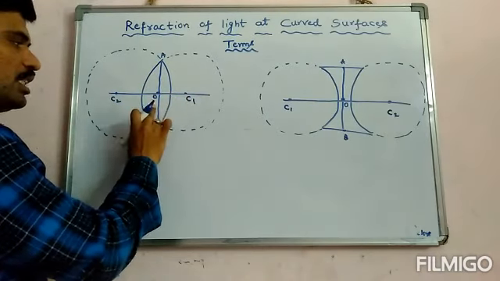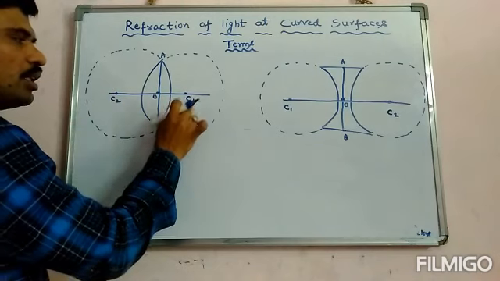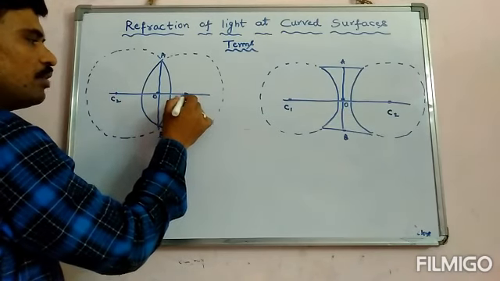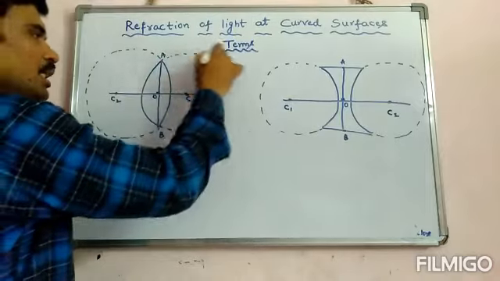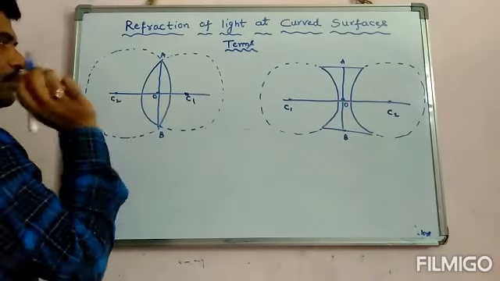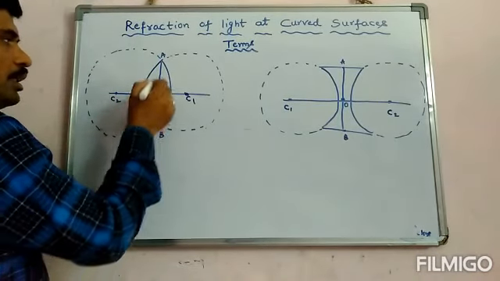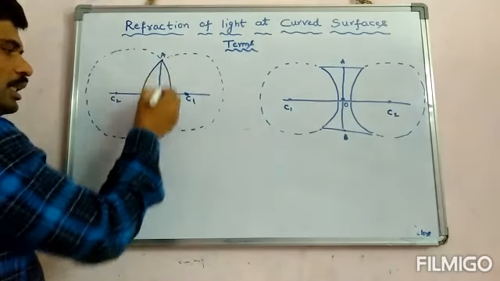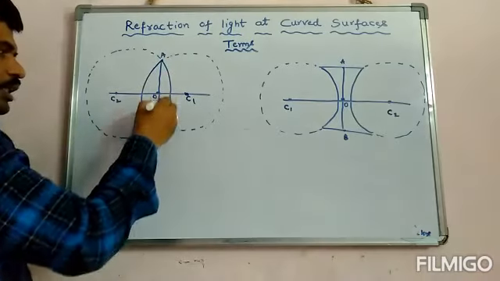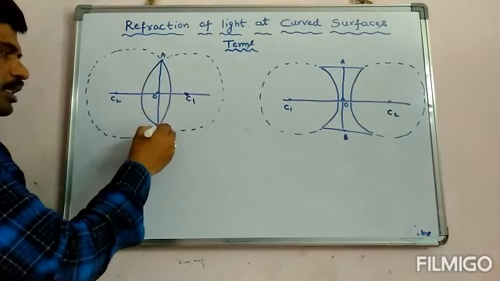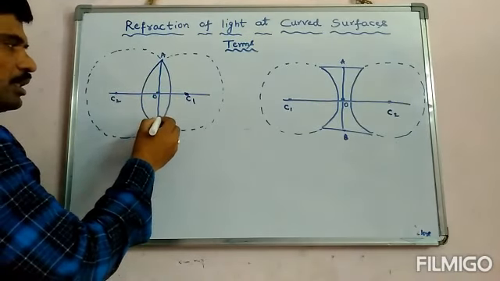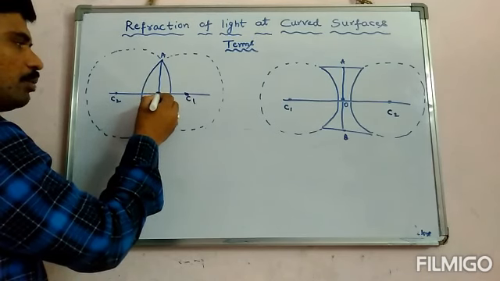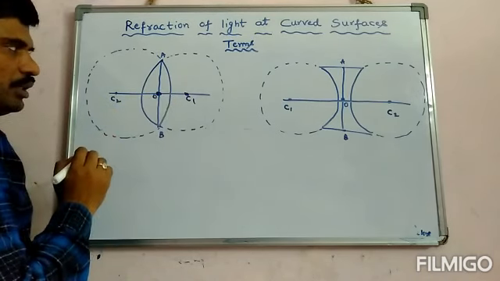Hence, a lens will have two centers of curvature. These centers of curvature are nothing but the centers of the spheres. Right? And here you can see A and B. If I join this A and B, we call this the aperture. And the midpoint of the aperture is called the optic center.